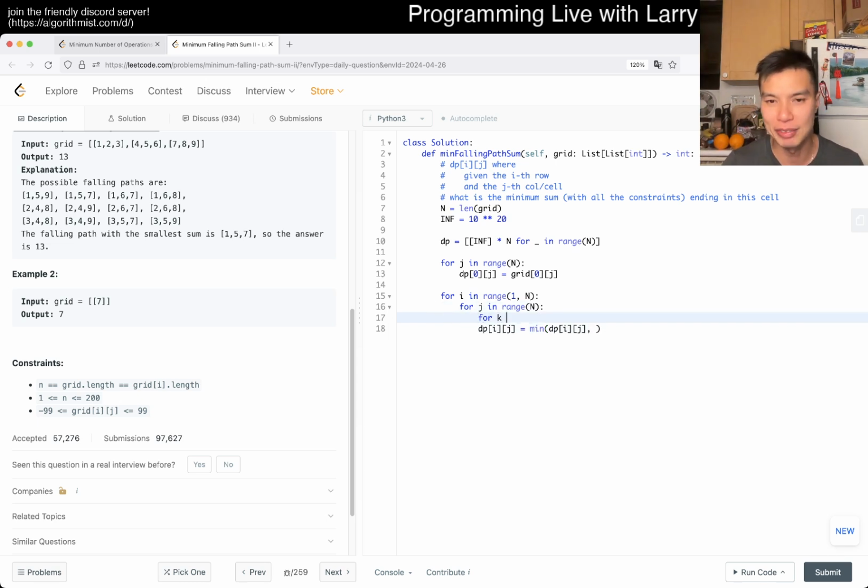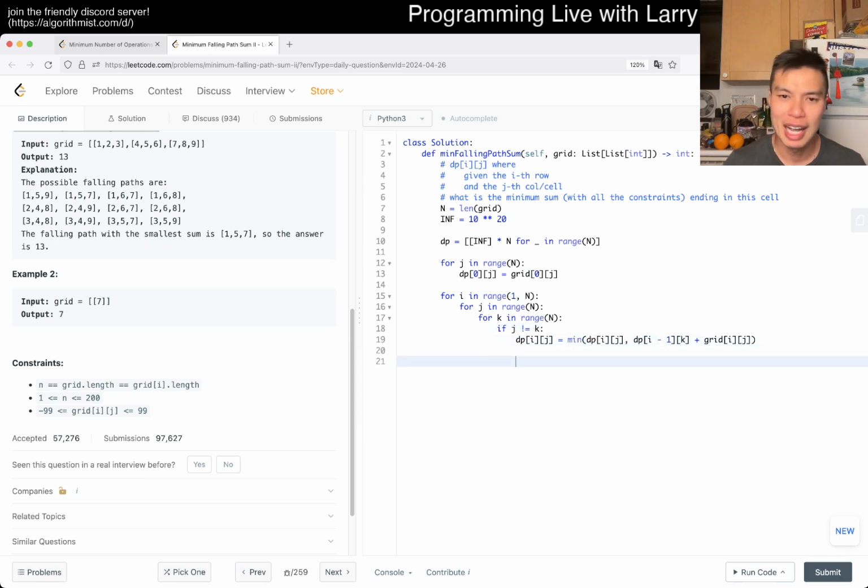So maybe I would write something like this: dp of i minus 1 k plus grid of ij, right? But it has to be that j is not equal to k, right? And then now at the end, we just return min of the last row because that's the row that we care about, right?